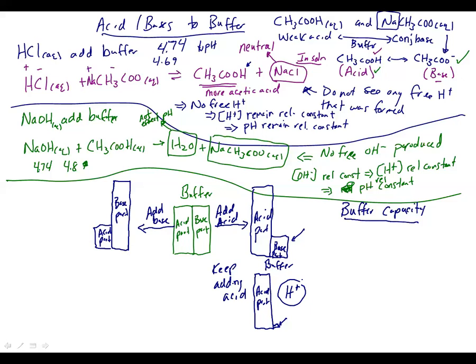So there is sort of a buffer capacity. It has to do with the concentrations of the weak acid and base that are in there, or the weak base and conjugate acid. The concentration is really important as well.